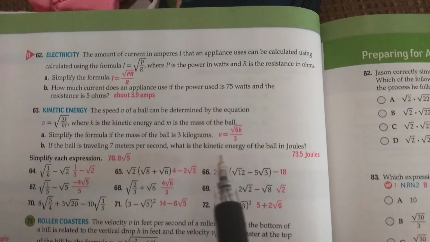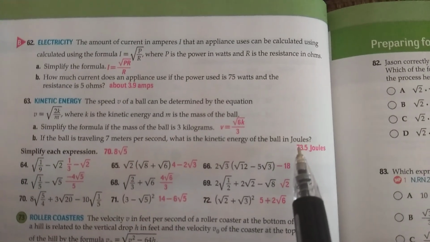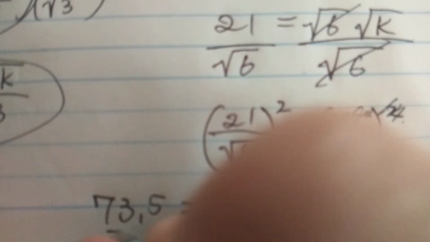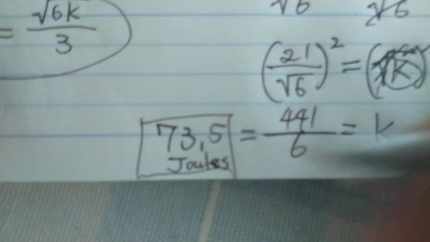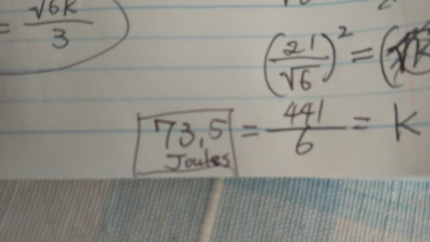So they ask you, what is the kinetic energy of the ball in joules? Joules is the unit, so your answer has to be in joules. Joules is how we measure kinetic energy. So that's our answer. Hope that helps.